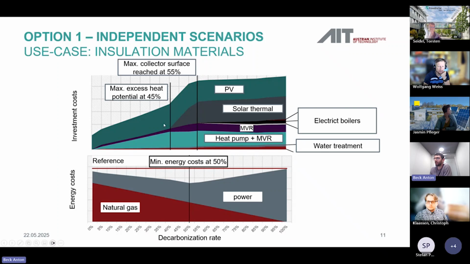So more investment costs for the same equipment type means larger capacities. And then in this case, we see at 45% decarbonization, we have no more excess heat left. All of the excess heat is used already. And then solar thermal panels get installed more and more to supply the process with additional heat. And then the capacity limit for panels is also reached. So we have another tipping point, and then we can see what's happening there on.